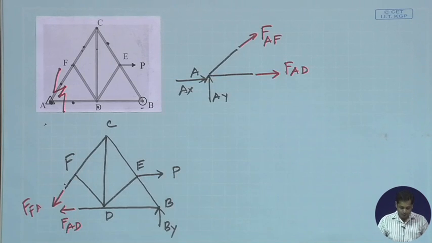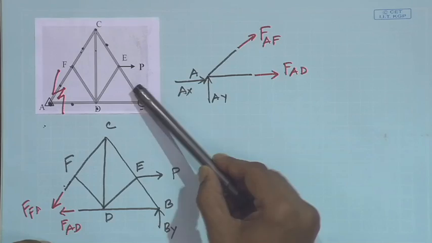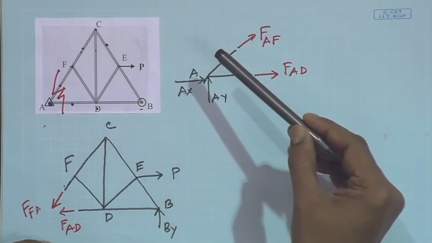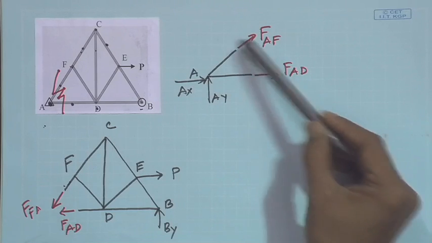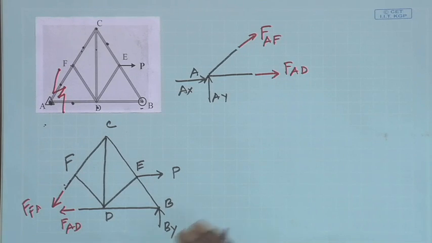Now, instead of drawing free body diagrams of the joints and applying equilibrium equations on those, we can also take several sections, draw the free body diagrams of those sections, and apply the equilibrium equations on these sections. Okay. Now, this method is called method of section.